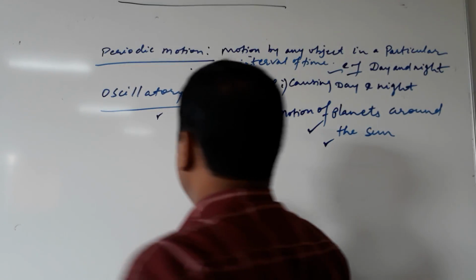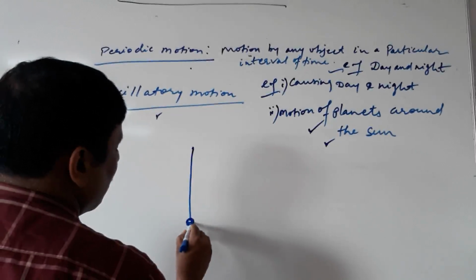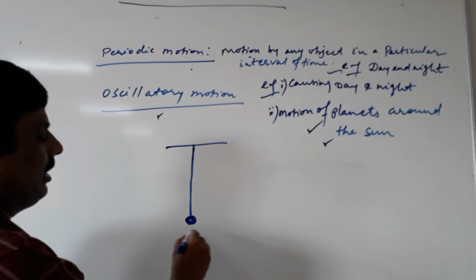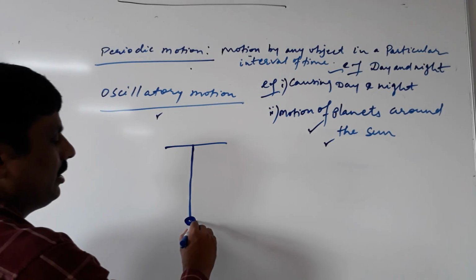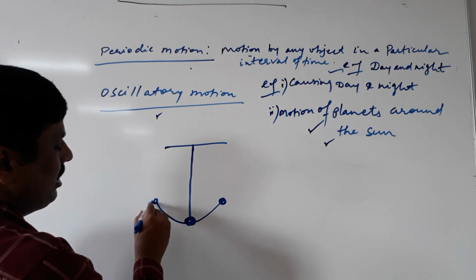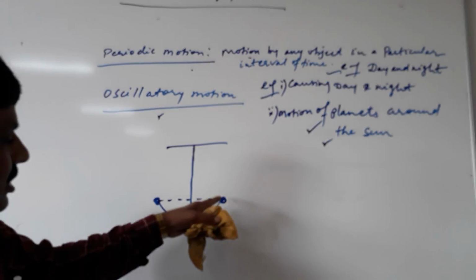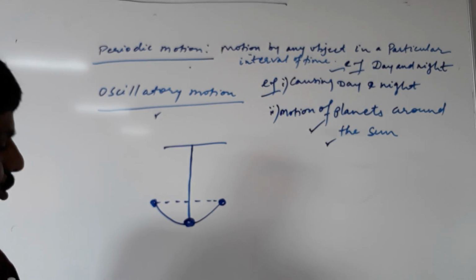Oscillatory motion. You just see here, if I use one string and tie a ball here, or use a pendulum. We just touch this pendulum, it will come to this highest position, and then this motion is repeated, going through the mean position.